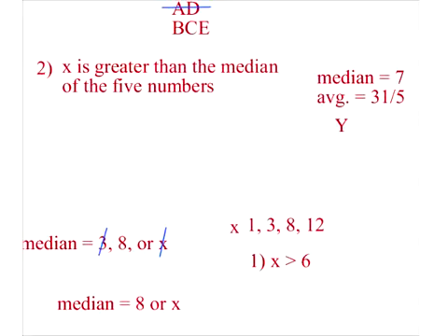If we know that x is greater than the median, we know it's greater than 3, and now we know it's greater than 8. So really what statement 2 seems to be telling us in code language is that the median is 8 and that x is greater than that. So if we go back to our whole question of how we were thinking of the average, is this one sufficient? 24 plus something greater than 8.